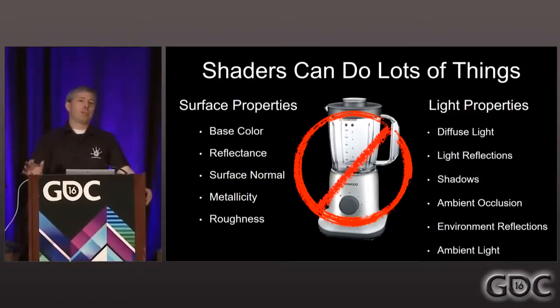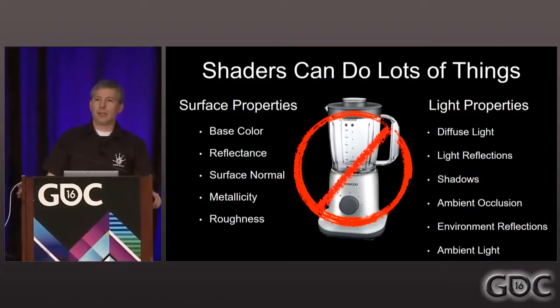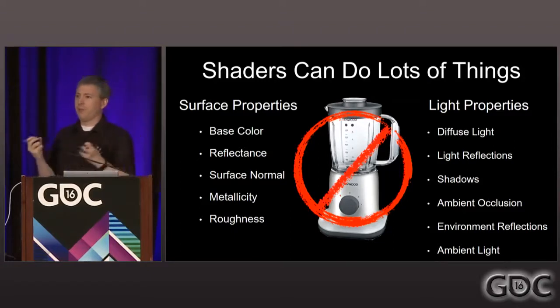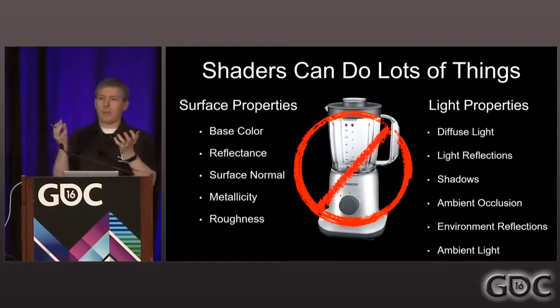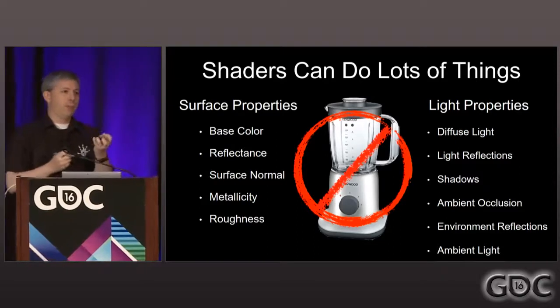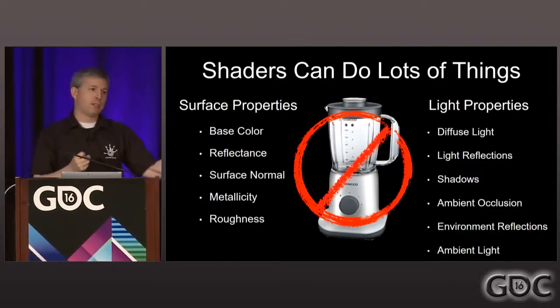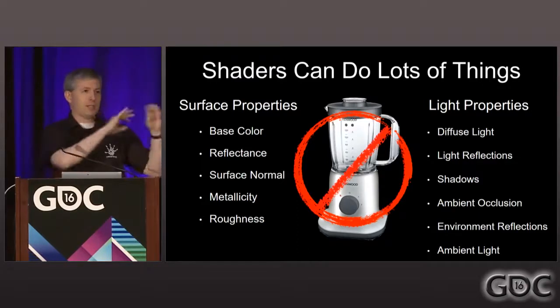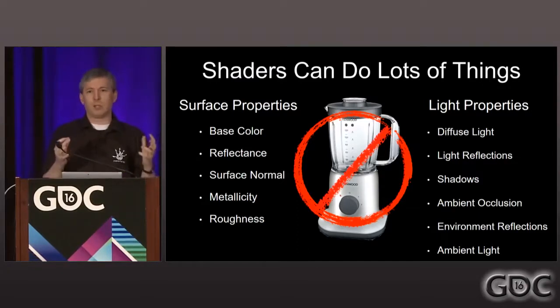The reason that it's important to keep these things separate is if you create a model and it has lighting properties in it, for example, if you have a specific reflection map that's associated with your model, if you put that model in another environment, it's reflecting something that's not actually coming from that environment, and it doesn't work.